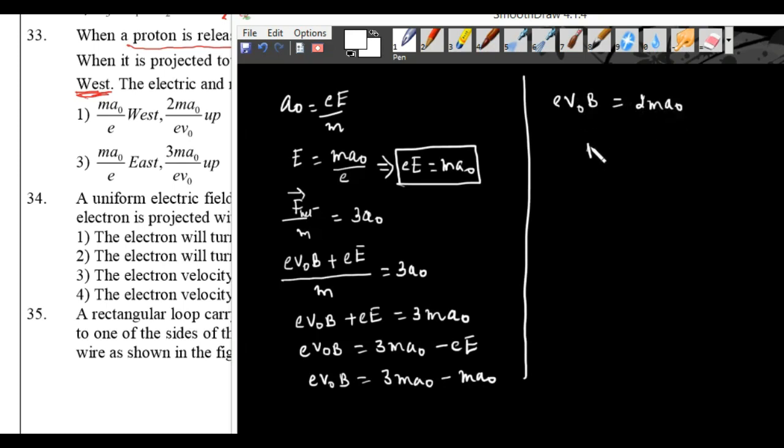I want the B value. B is equal to 2 m a naught by e v naught. And by using the left hand rule, we can find the direction is upward.